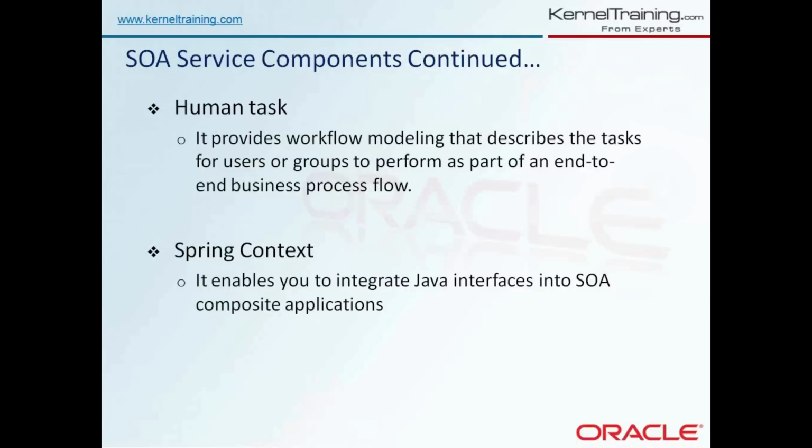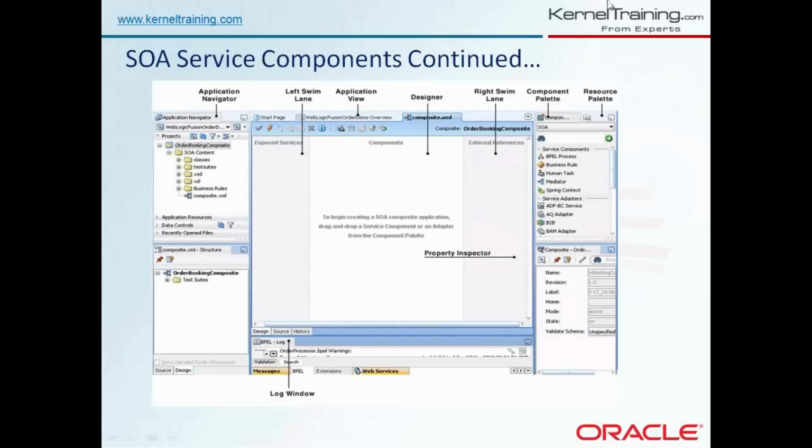Now we will see a diagram of how it looks. You can see over here, this is basically a screenshot of JDeveloper, a tool where you will design and have control over different service components and its activities. On the left-hand side is the application navigator.